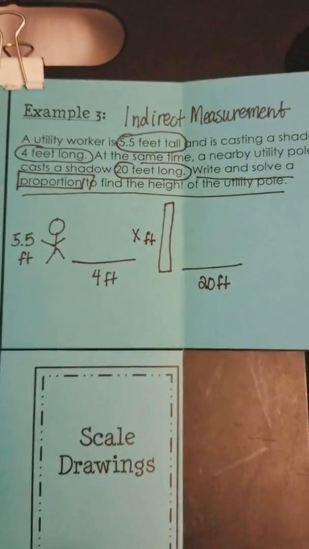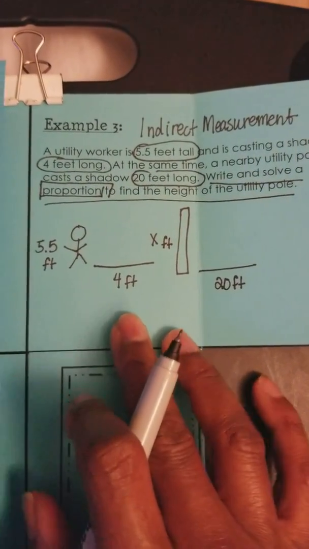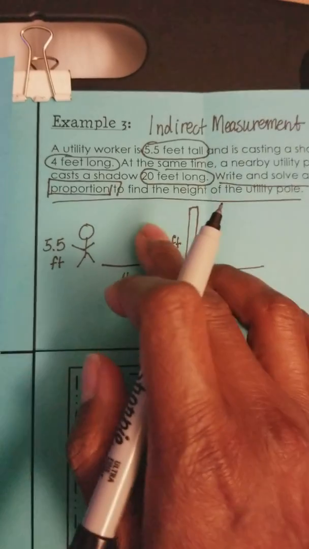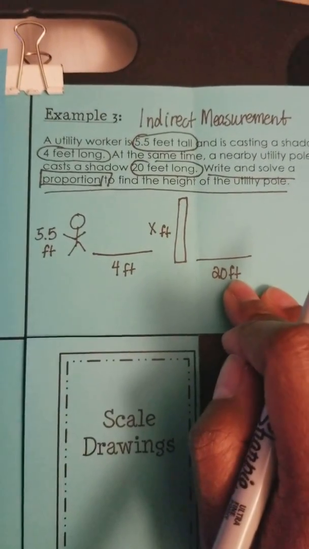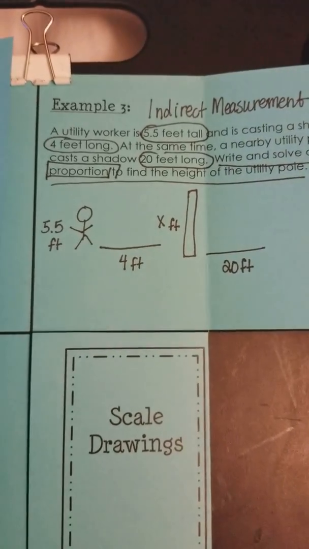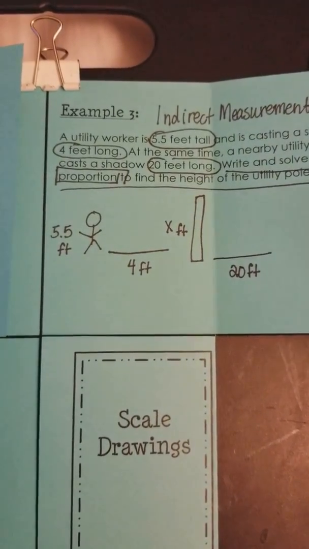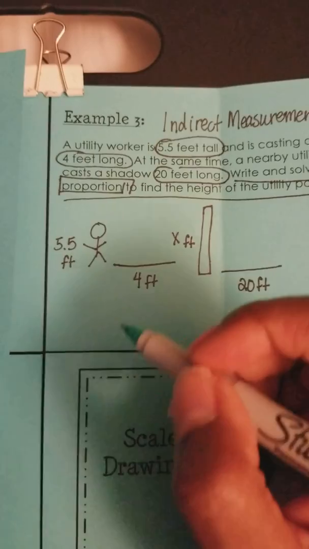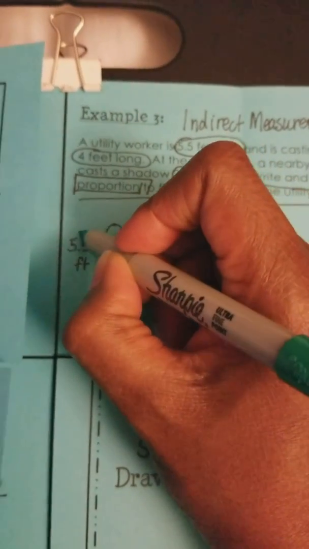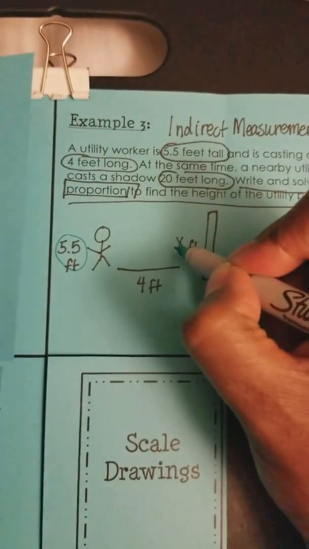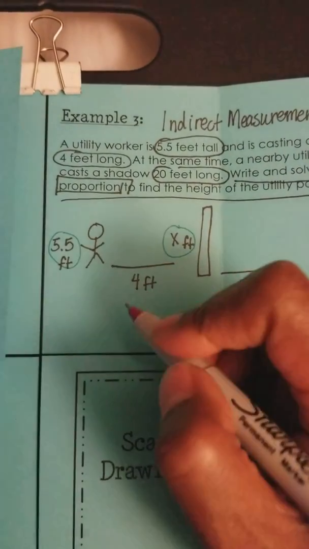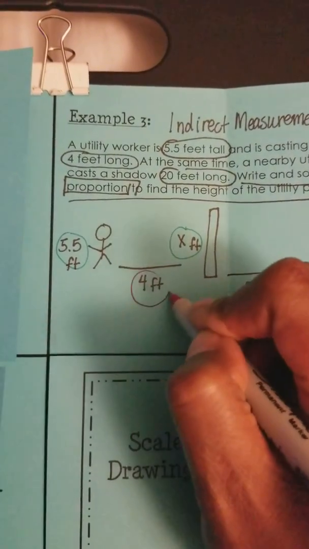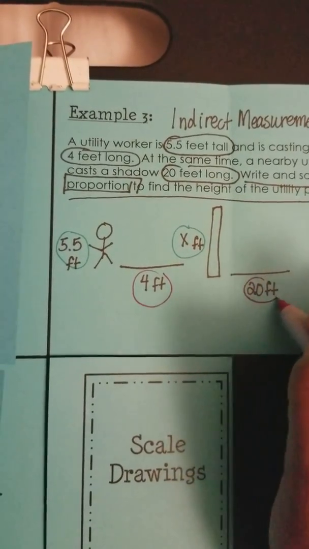We don't know that. So if you notice here, it's still showing similarity, right? We can still set up a proportion to solve this. So we're going to do the same thing we did. We're going to circle the sides that correspond and underline the sides that correspond. The 5.5 is in the same position as this x, and this 4 is in the same position as this 20.